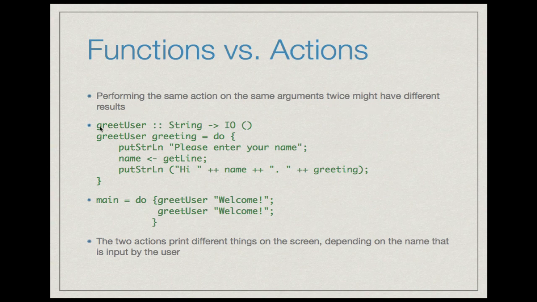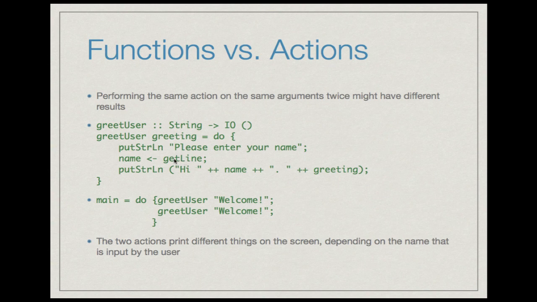For instance, consider the following action: greetUser, which is of type String arrow IO empty. greetUser greeting equals do. Inside the do block, we have putStrLn "Please enter your name." Then name, which binds the value of getLine.